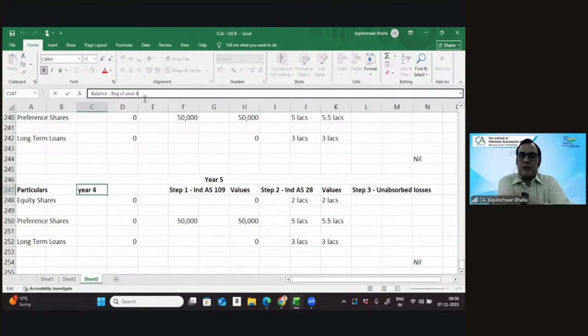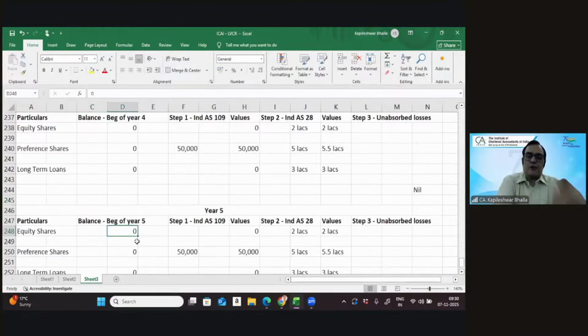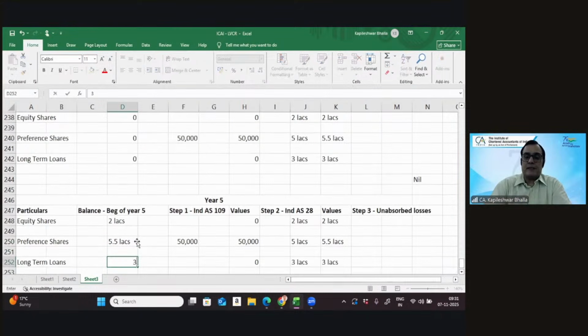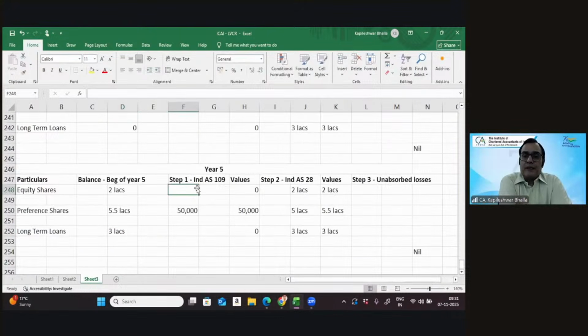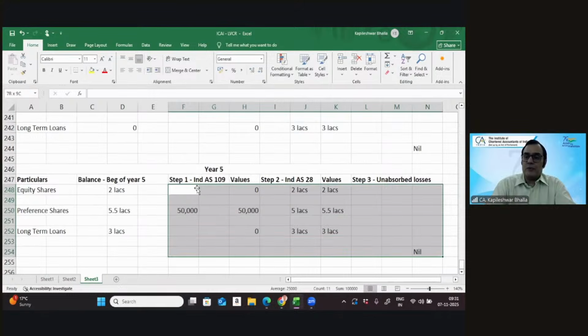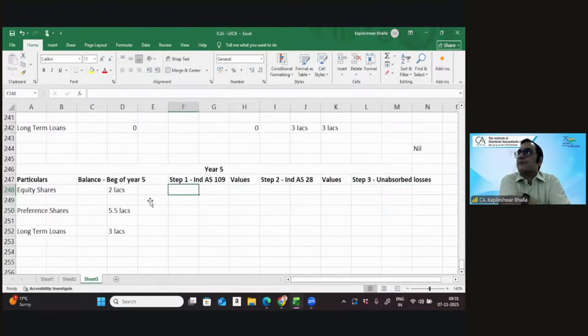This is the balance at the beginning of year 5. This works out at 2 lakhs, this is to the extent of 5.5 lakhs, and this is to the extent of 3 lakhs. And then we can take the information further.